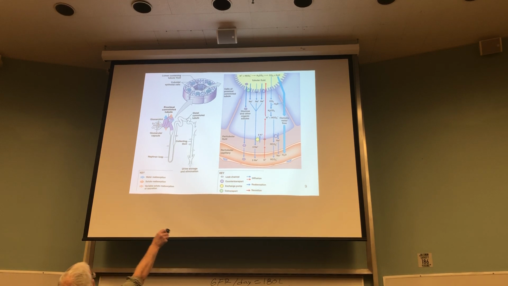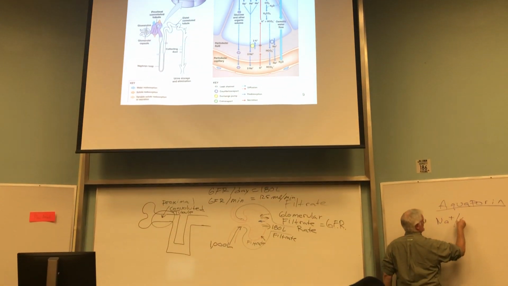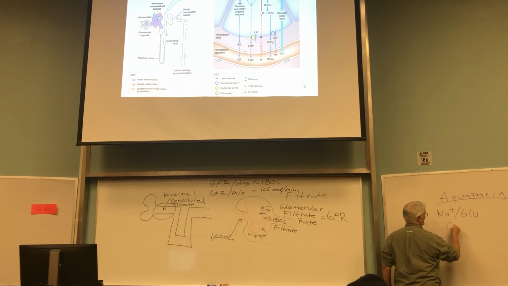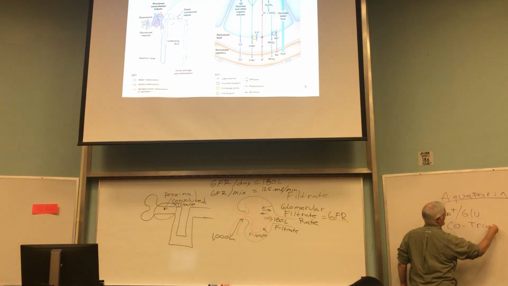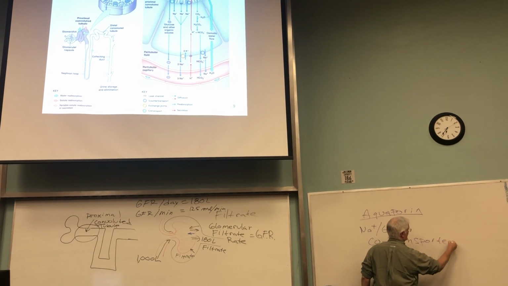So all other things that are in there can also then be brought into the cell due to facilitated diffusion, such as this thing right here. That is a carrier. It's called a sodium glucose co-transporter. It does not require any ATP whatsoever.